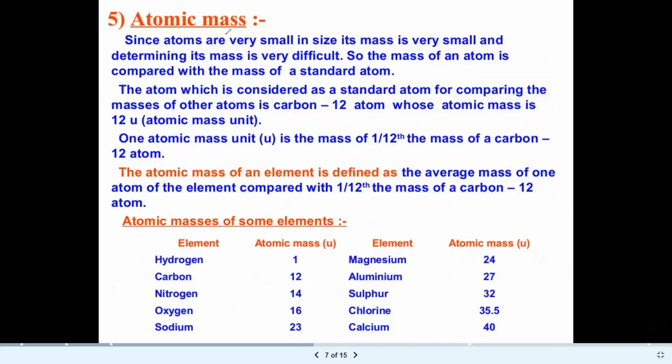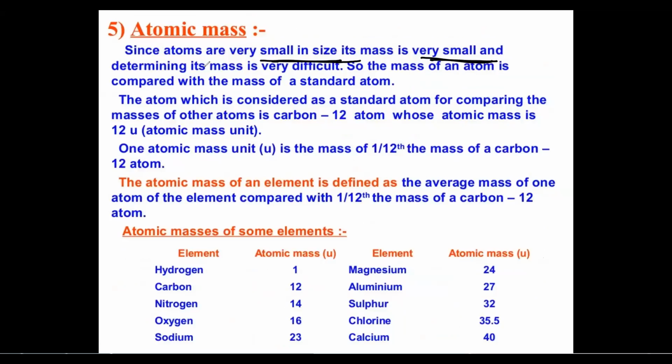Now, atomic mass. An atom is very small in size and mass, so determining its mass is very difficult. So what do we do? We compare with other atoms, and one atom can be considered a standard form. Comparing the mass of each and every element, because calculating the exact weight is really difficult, we will be using an atom as a standard.